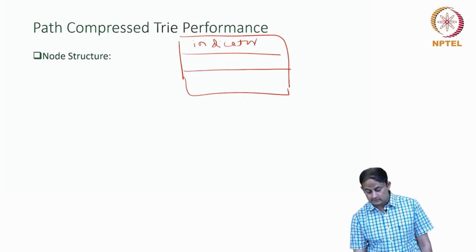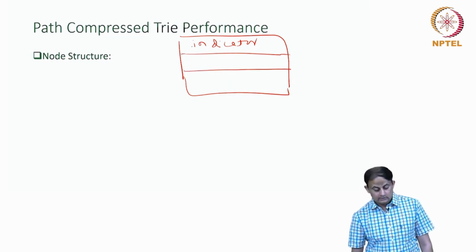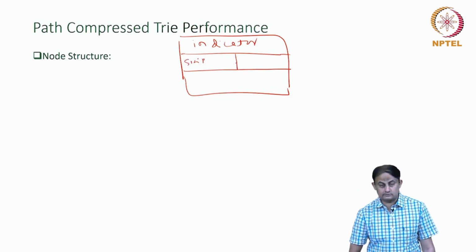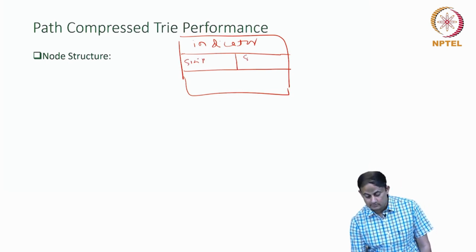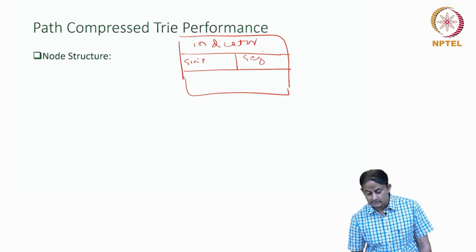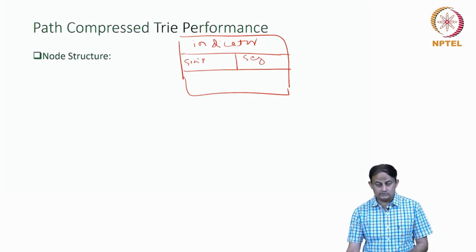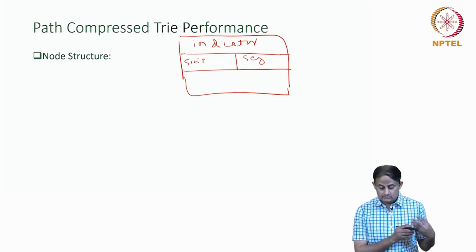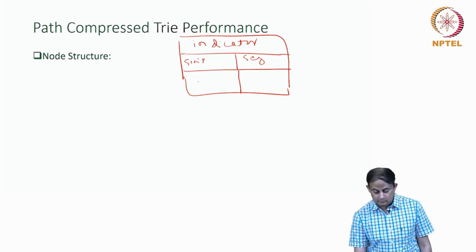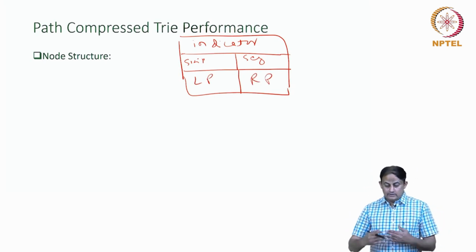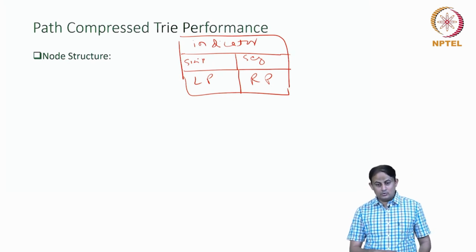The second is the skip length that we introduced, and then we also remember the segment that is kept, the sequence of binary digits, whether it is 0 1 0 1 or whatever it is. And then it has the two pointers as before, the left pointer and the right pointer. So each node now takes more space.